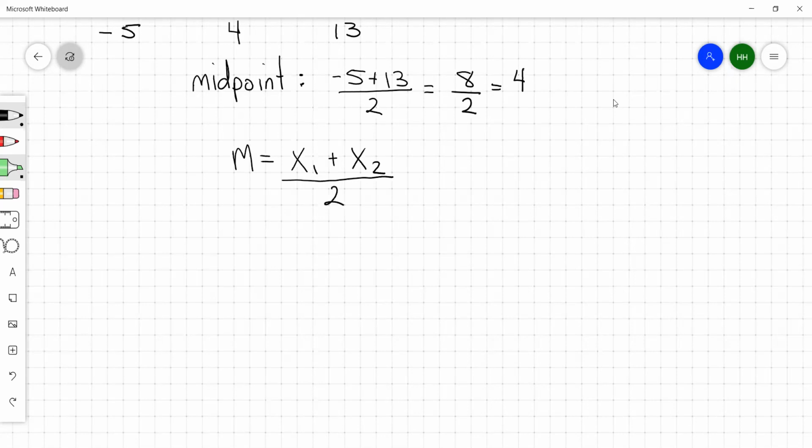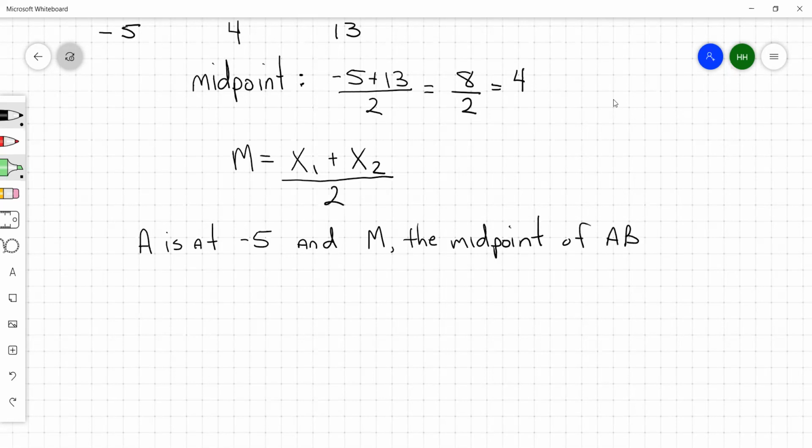So let's say A is at -5 and M, the midpoint of AB, is at 12.